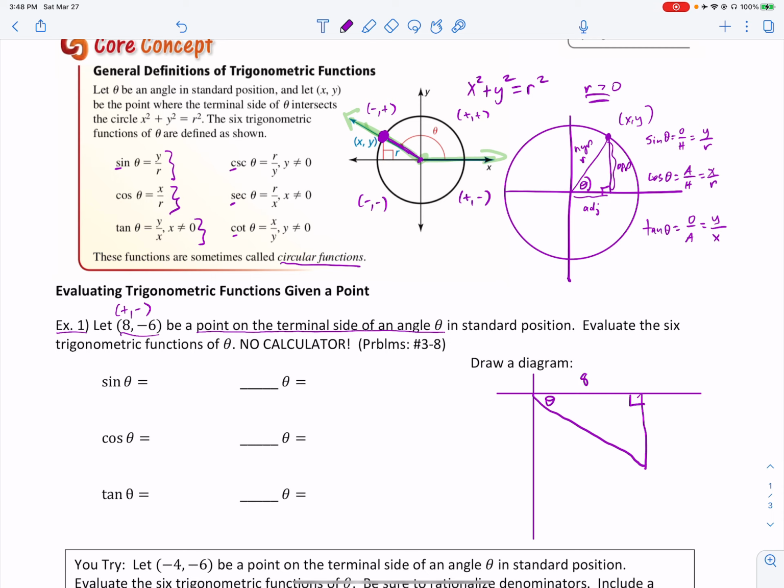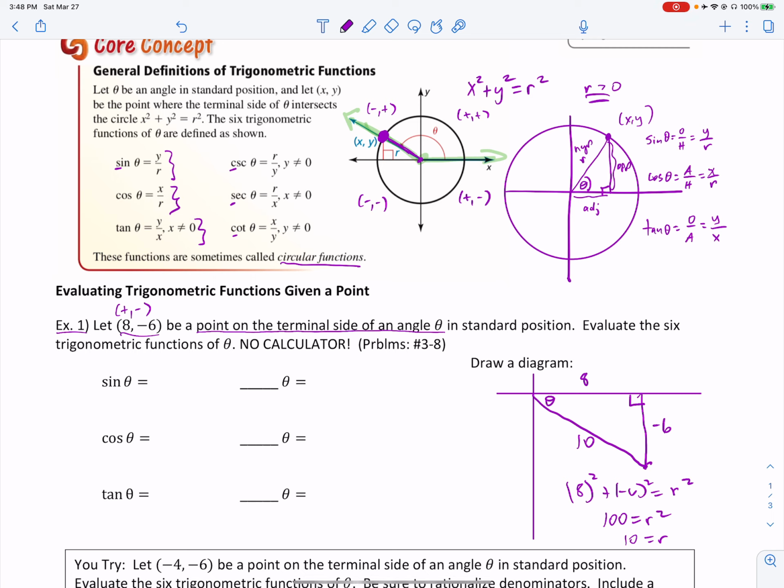And then we're going to find the radius length by using the Pythagorean theorem. And instead of calling it the hypotenuse, we'll just call it r for the radius. And if you solve that out, you're going to get 100 is r squared, but remember I said r is always positive, so the hypotenuse is going to be 10.